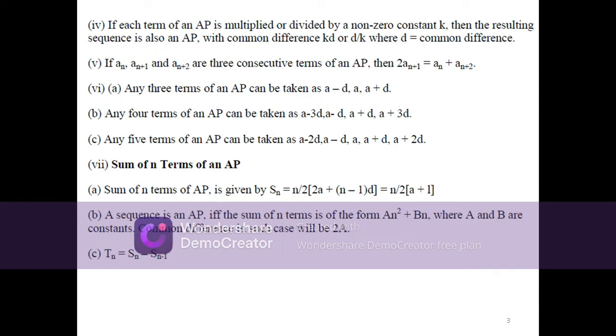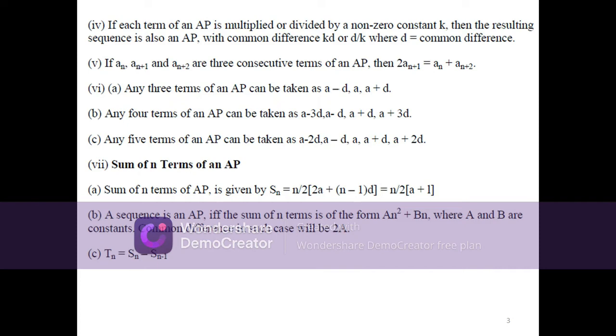If each term of an arithmetic progression is multiplied or divided by a non-zero constant k, then the resulting sequence is also an arithmetic progression with common difference kd or d by k, where d is the common difference.